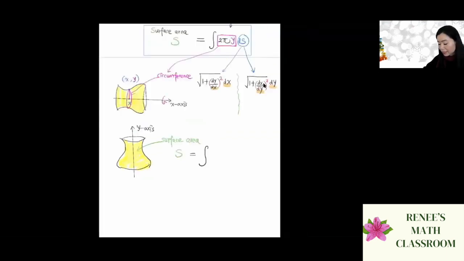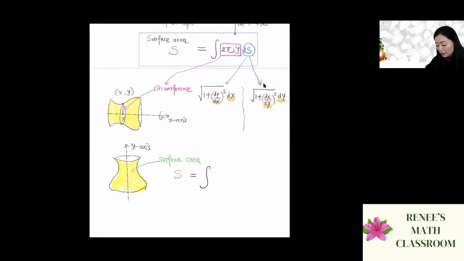Now this time, when you revolve this about the x-axis, then the circumference of this is going to be 2 pi y, right? The circumference of the circle by rotating this point on the curve about the x-axis. So that's 2 pi y.